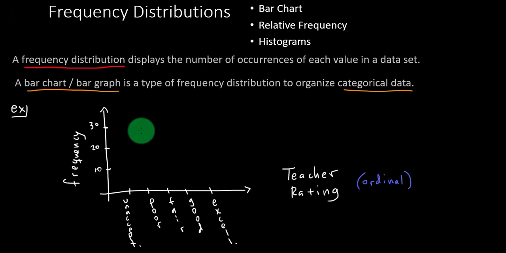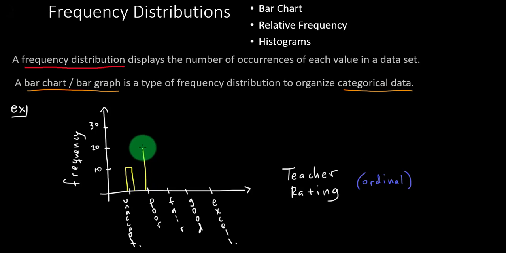So now I'm going to put some bars onto this bar chart. For the unacceptable category, let's presume that 10 ratings occurred. For the poor category, let's say there were 20, so I'm going to draw a bar up to 20. It's kind of leaning. Maybe I could try that again.